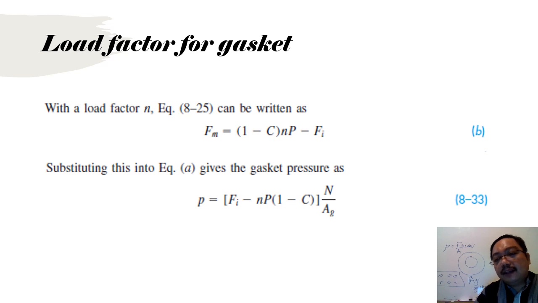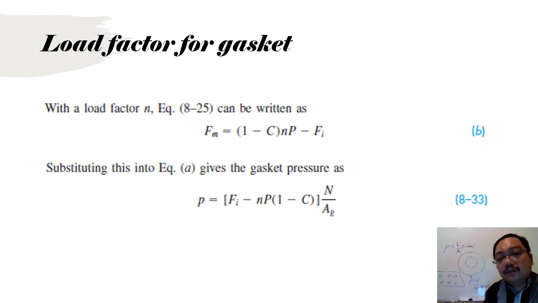N is the load factor, and P is the external force. If I put force on the load, the force from my hand is the external force, and Fi is the initial force from preload. When you tighten up, this is the clamping force.